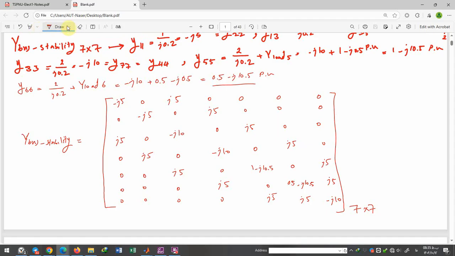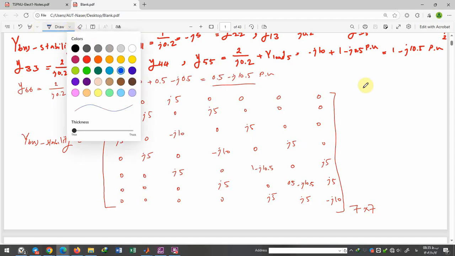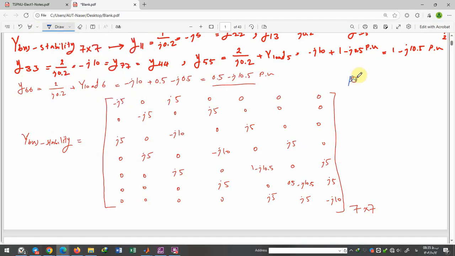The first regime is pre-fault, the time before any fault in power systems. Its abbreviation is PRF. So this Y bus stability is also called PRF.